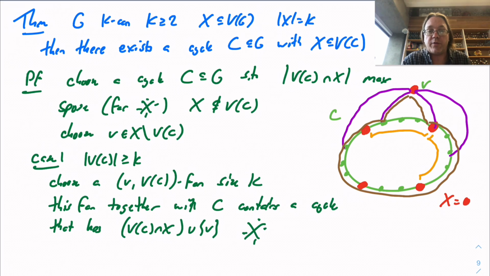That's a better cycle than the cycle that we had, C. So this contradiction is telling us that the cycle that we found actually had better contain every vertex in X, or we were done.